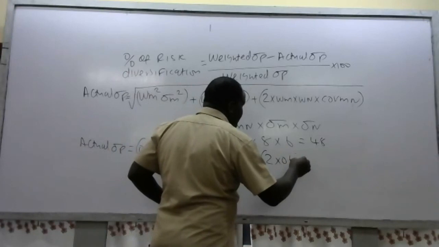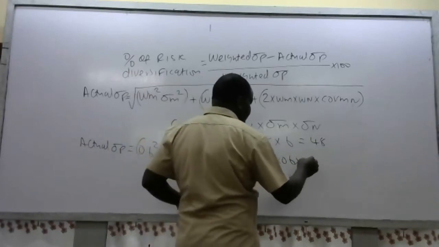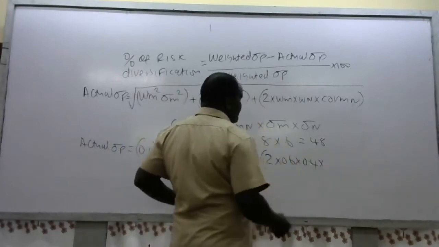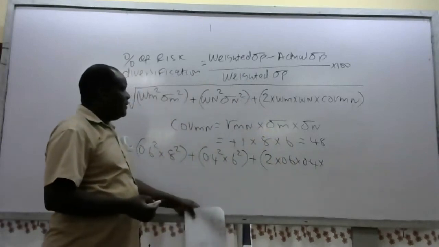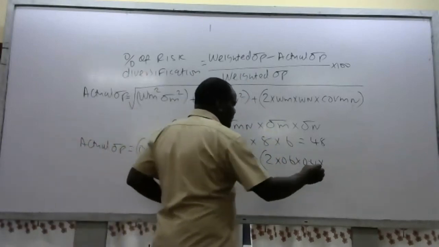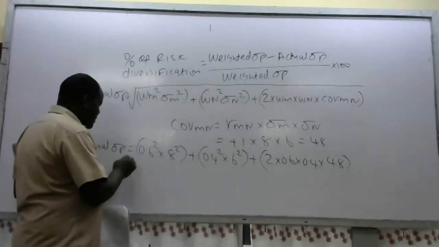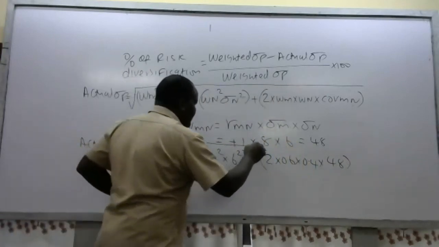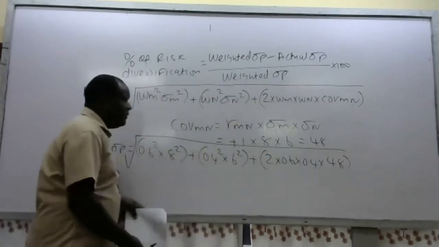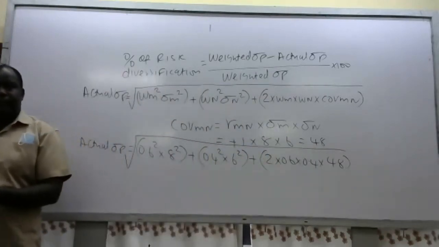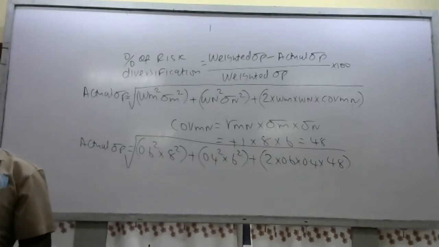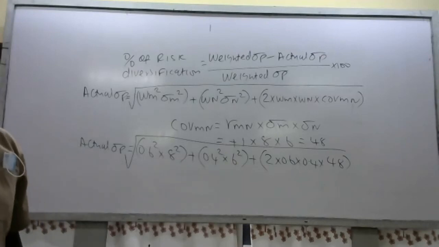So that covariance is 48. Now you come up with that value.